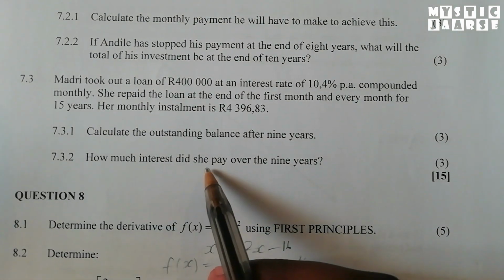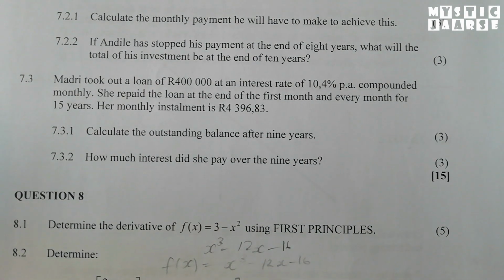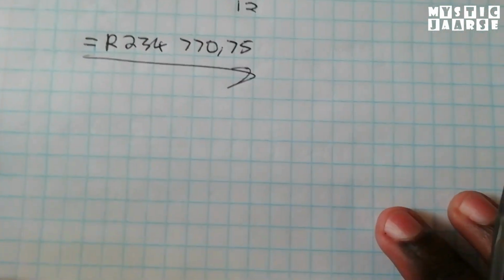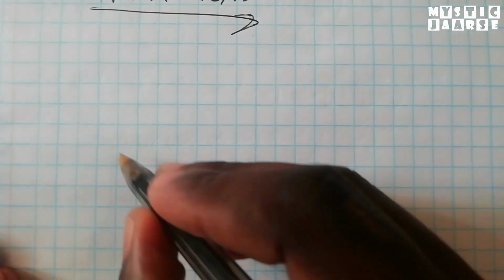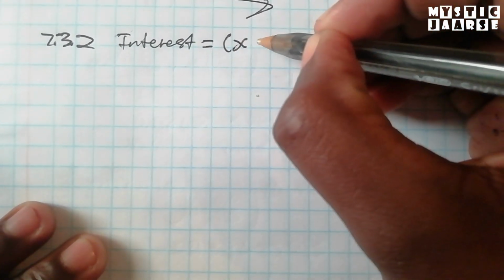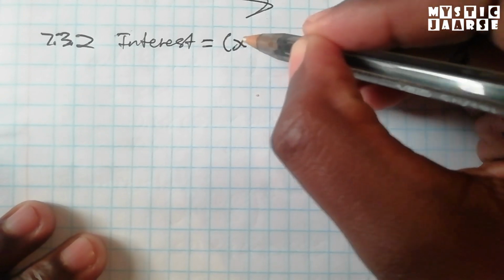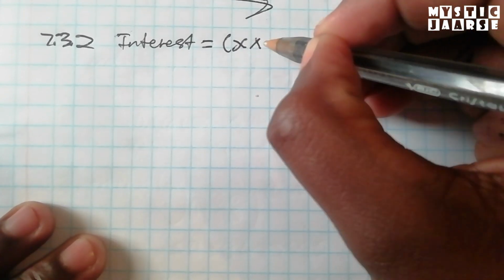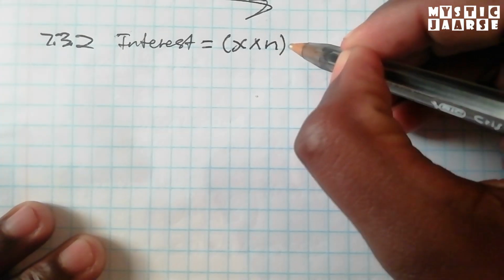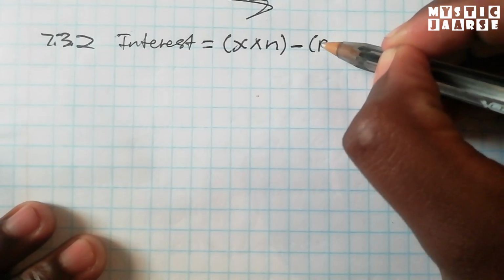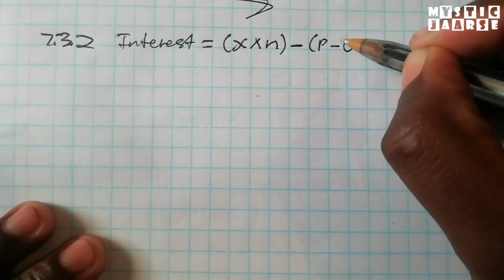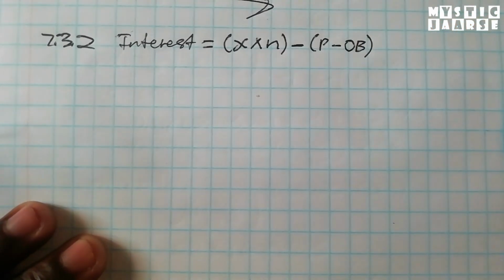Now the last question, 7.3.2. How much interest did she pay over the 9 years? Now remember, when someone is paying back a loan, they pay it back with interest, right? So the bank makes money off of their loan. Interest is equal to, we need to multiply Madri's monthly installments by the number of payments she will be making for 9 years, and from that we will subtract the total money that she borrowed from the bank minus the outstanding balance that she had after 9 years.